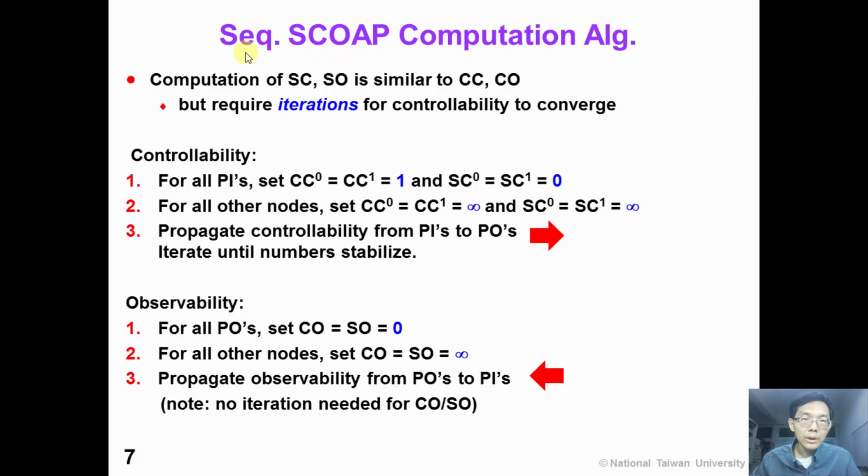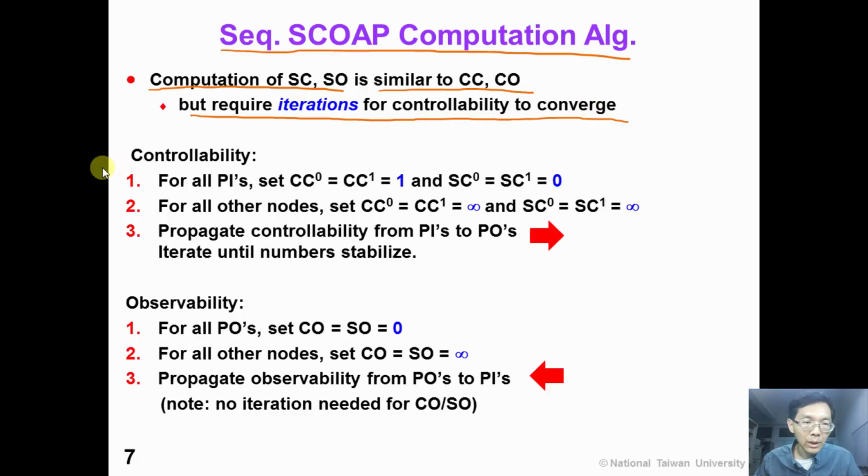Here we show the sequential scope computation algorithm. Computation of SC and SO is very similar to that of CC and CO, but the only difference is that we require iterations for sequential controllability to converge.